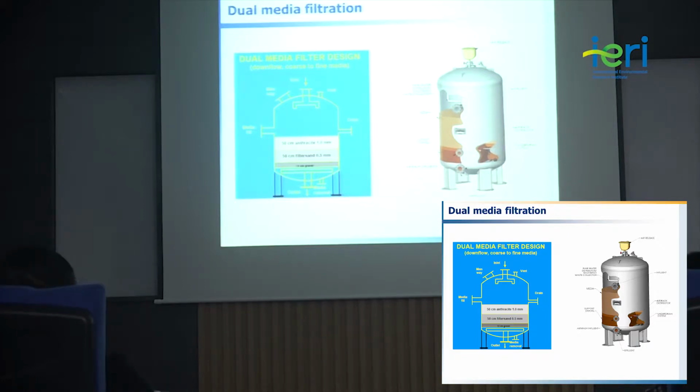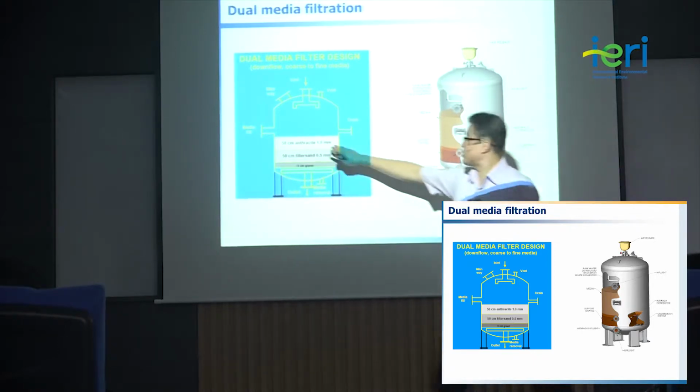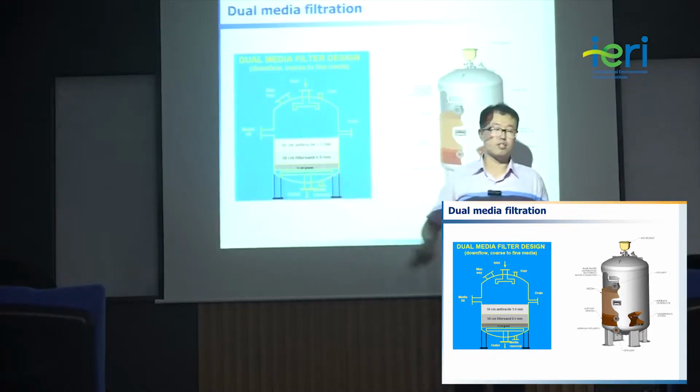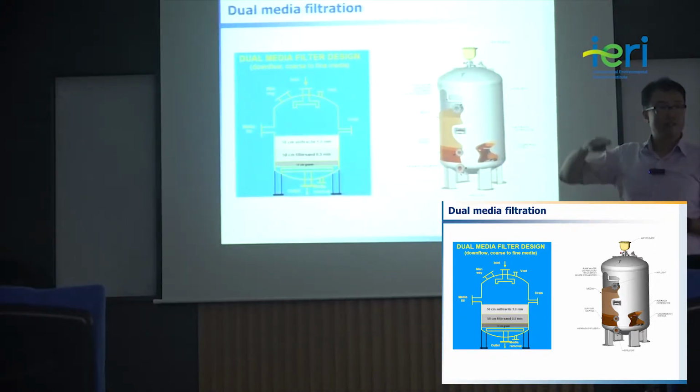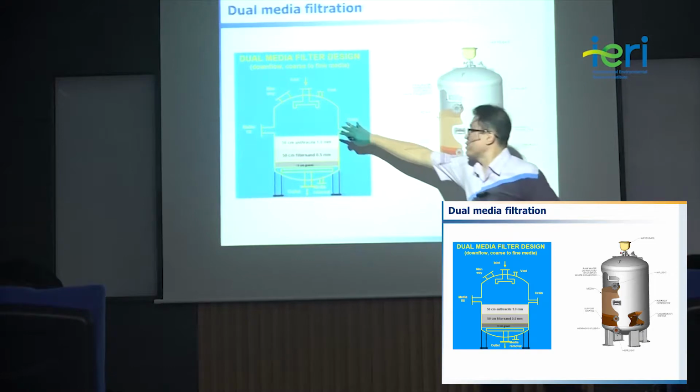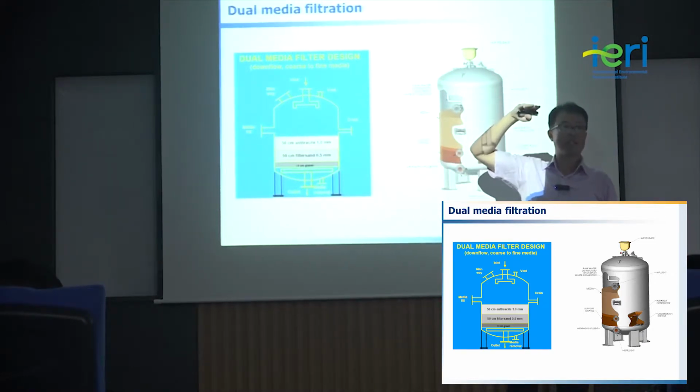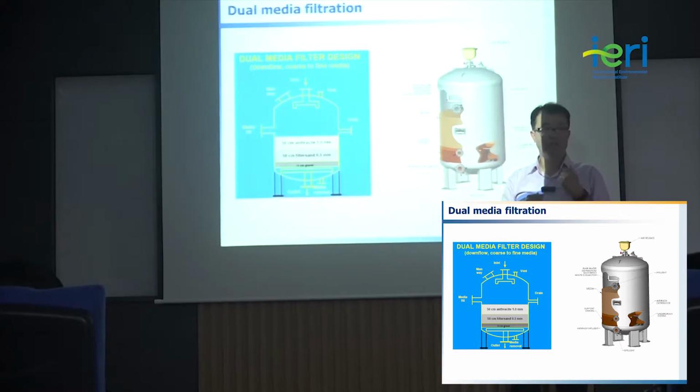Is it based on the differential pressure? Yeah, right. If the surface of this media is polluted, the pressure difference between this one and this one becomes higher. That is the standard for deciding whether to backwash or not.